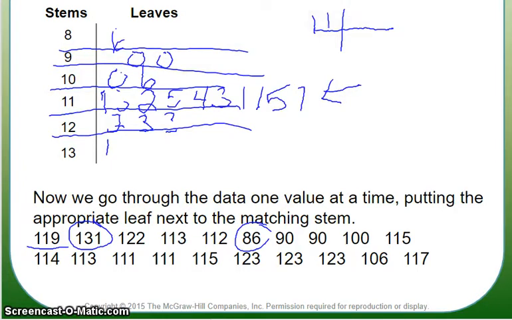So we'd say 119 equals 119 cents. And we want to say that because maybe the number is 11.9, or maybe the number means 0.119. And so we're going to give somebody a key or a legend to tell them what's going on with the stem and the leaf.